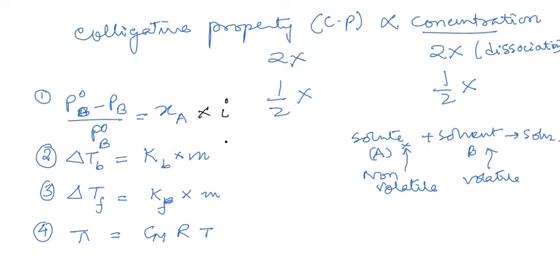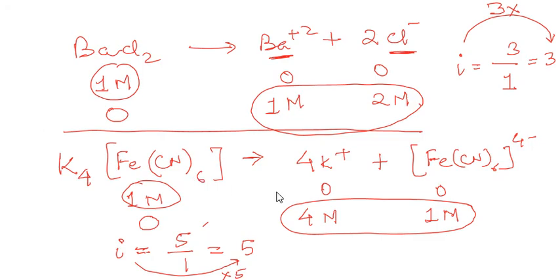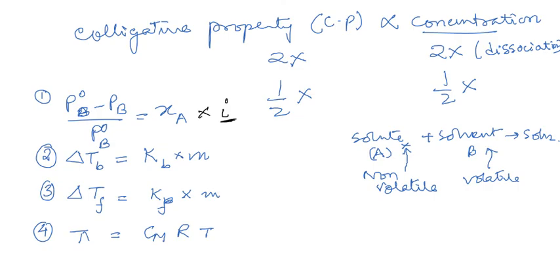By the factor of Vant Hoff, what we mean is, like we have discussed earlier, that if the Vant Hoff factor is 5, the concentration increases by 5 times. If the Vant Hoff factor is 3, the concentration increases by 3 times. And since the colligative property is directly proportional to the concentration, as many times the concentration increases, the colligative property would also increase by that many times.